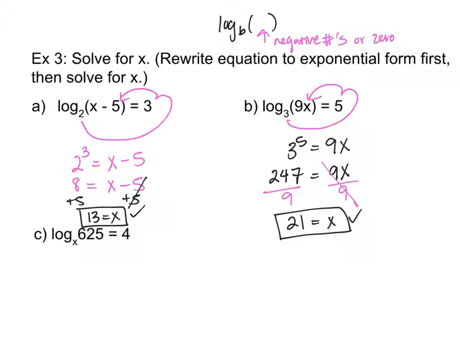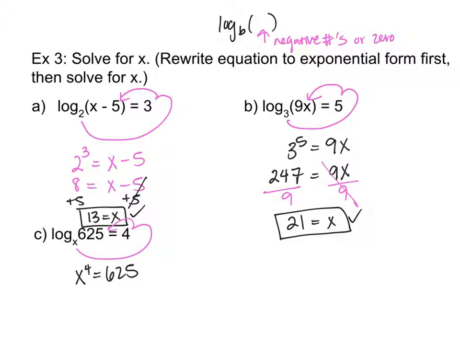So last but not least, we have part C. We're going to go from the base to the 4 to the 625. So this is going to be x to the 4th power equals 625. And now we have to try to get the x by itself, so we have to get rid of this power. Well, how do we get rid of powers? We learned in the last unit that to get rid of a power, you take a root.